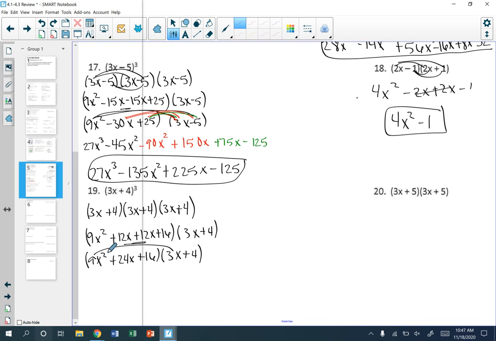All right, so I start with my 9x squared. And I get 27x cubed plus 36x squared. Now I move on to my 24x, plus 72x squared.